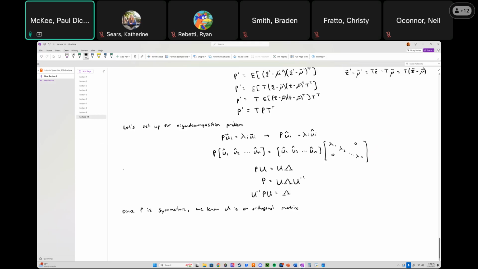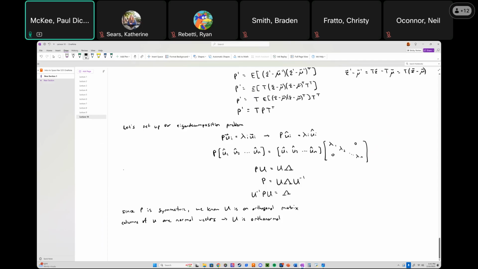And then the columns of U are normal vectors. So U is not just orthogonal, but it's orthonormal, which means it is actually an attitude transformation matrix.